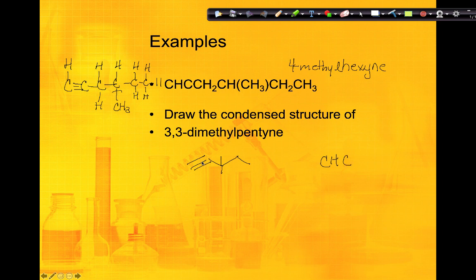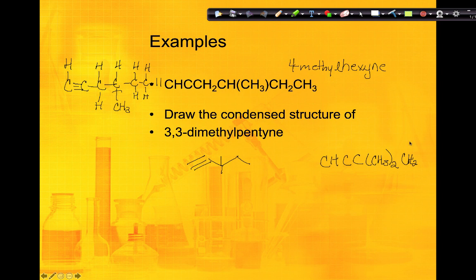Now I go to the next one. Well, I've got 1, 2, 3, 4 carbons, so there's nothing there. So we go to the next one, go to C, and again, I've got a line here. These aren't H's, these are methyl groups, so I should have parentheses, CH3, 2, and then right here I have a CH2.